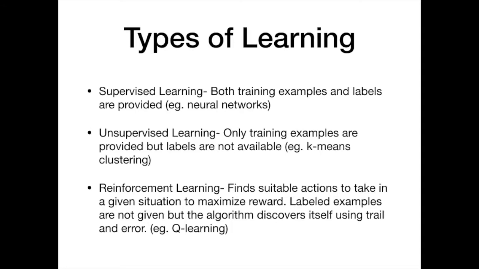Reinforcement learning differs from these two in the sense that no output is provided, but there is a goal to satisfy. For example, the game of chess. In the game of chess, the desired reward is a win, and reinforcement learning finds suitable actions to take on the chessboard to maximize the reward.